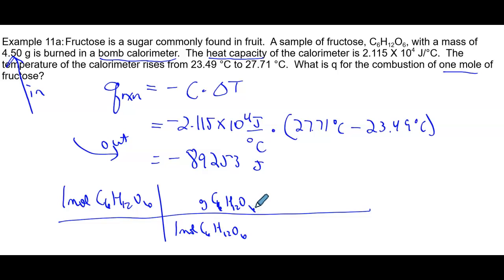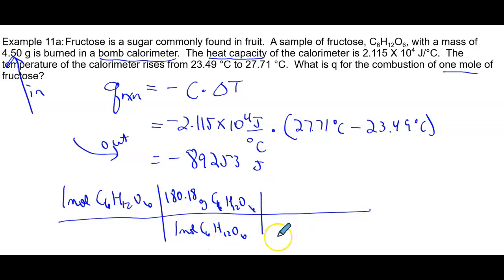I take 6 times 12.01 for carbon plus 12 times 1.01 for hydrogen plus 6 times 16 for oxygen, and I get 180.18. This is just the periodic table number.